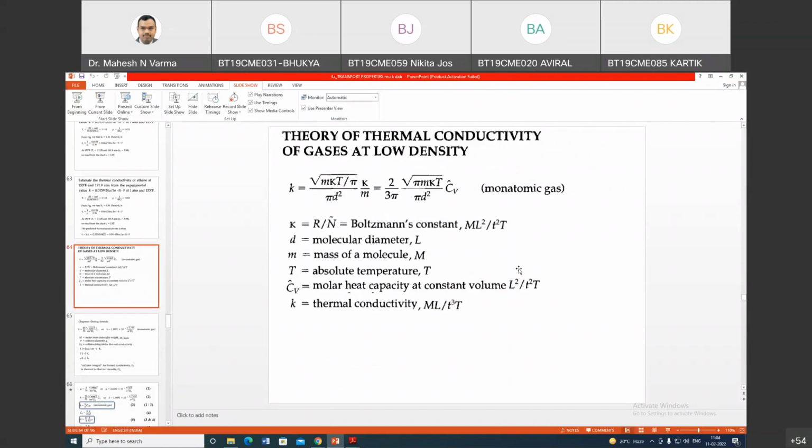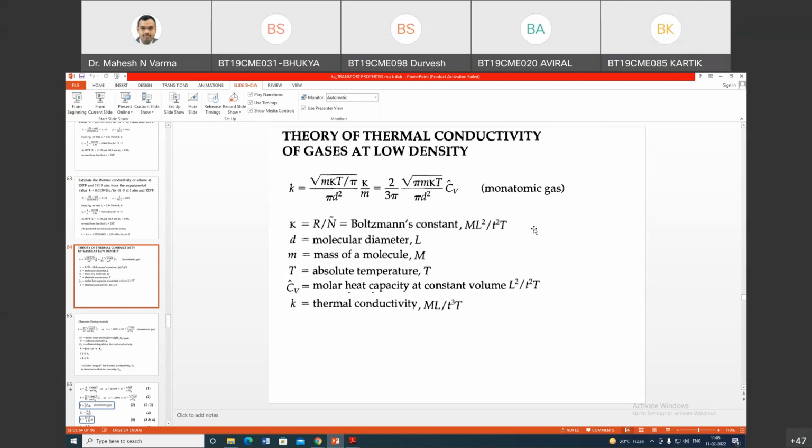Yeah, here you are telling. This is actually dimension time. Generally this is molecular diameter. L means it will have unit of length. So this Boltzmann constant will have units of mass, length square, time square, temperature.